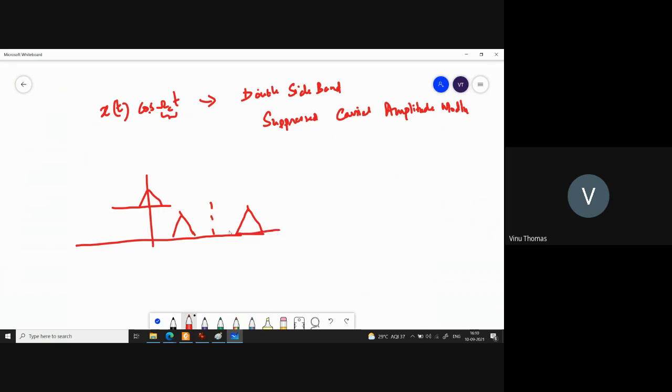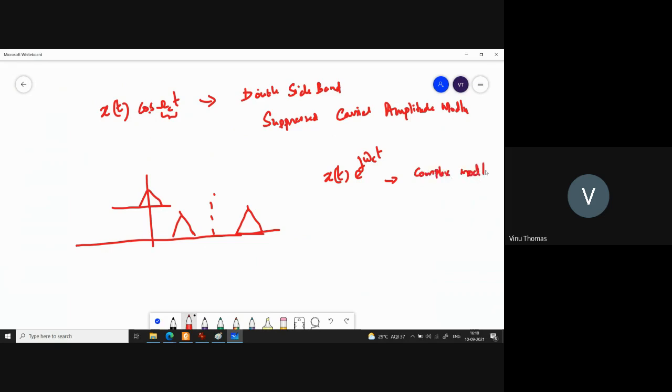So the spectrum is shifted in the frequency domain. Likewise, instead of multiplying by cos omega c t, if I multiply by e raised to j omega c t, we call this complex modulation.